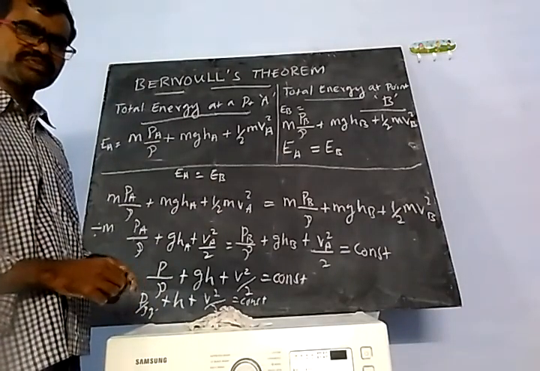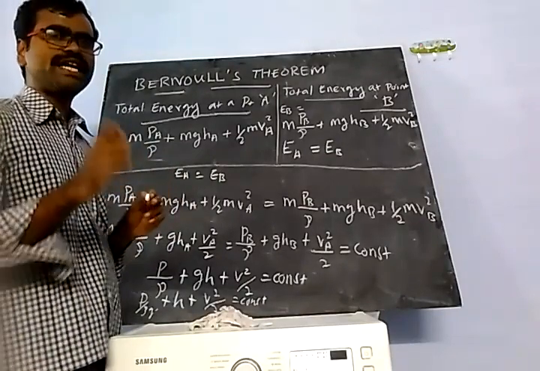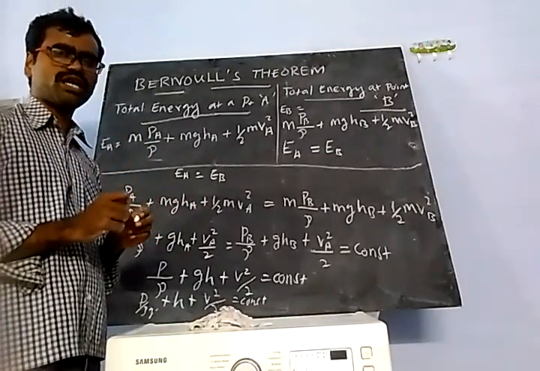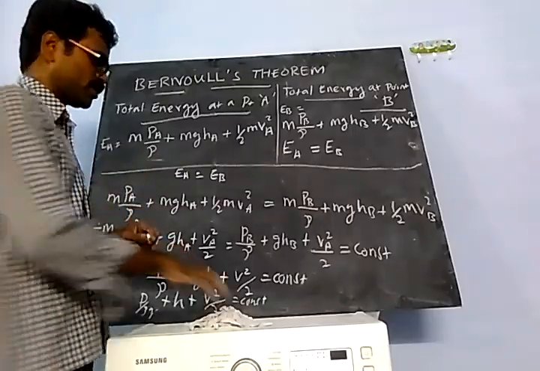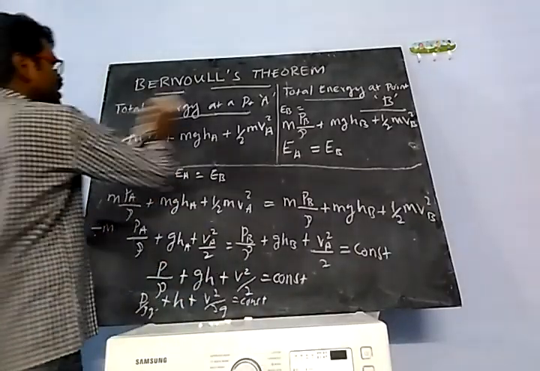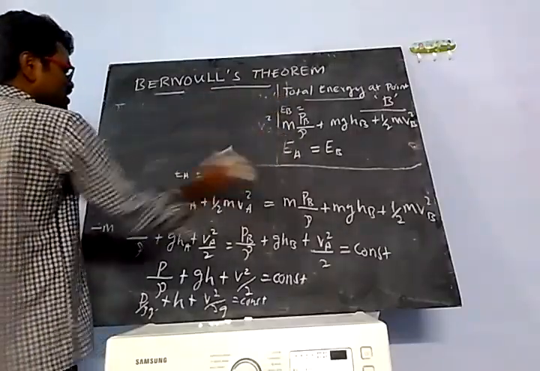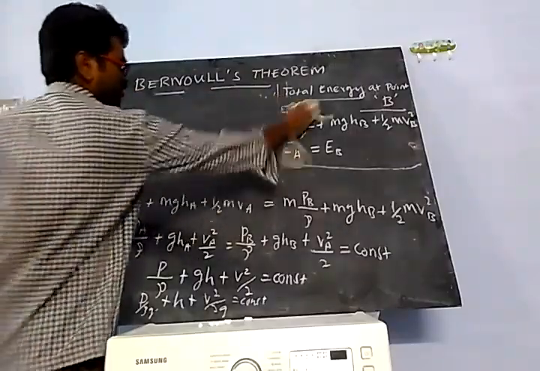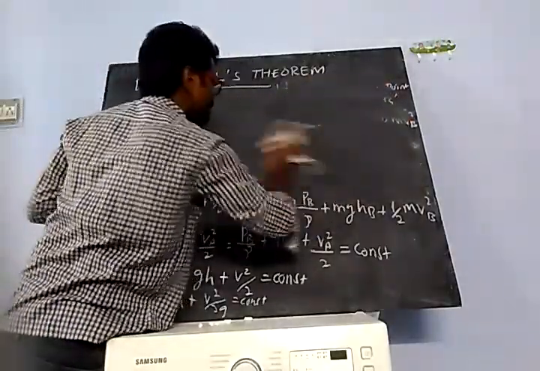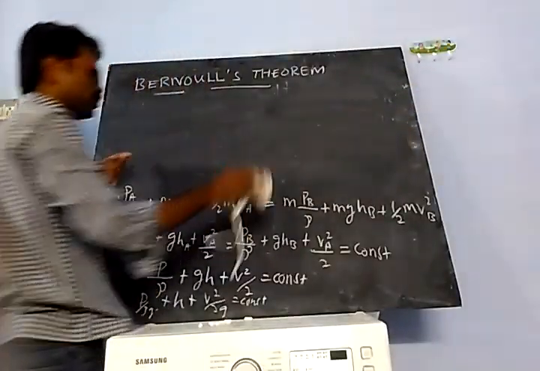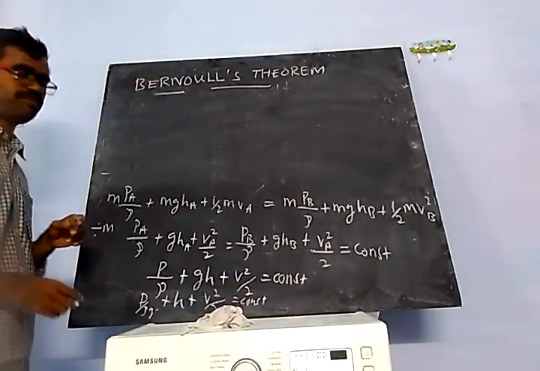This theorem is only applicable for non-viscous liquid and streamlined flow, without losing energy. This theorem is based only on the conservation of energy, so the total energy at point A is equal to the total energy at point B.